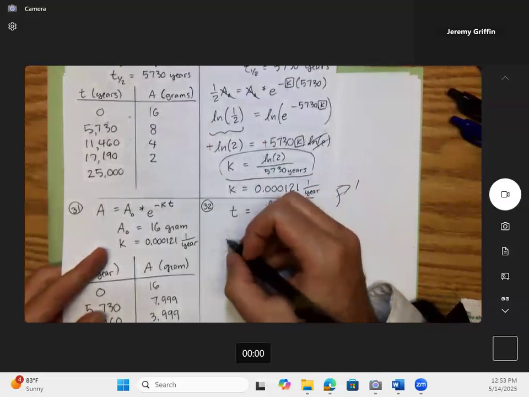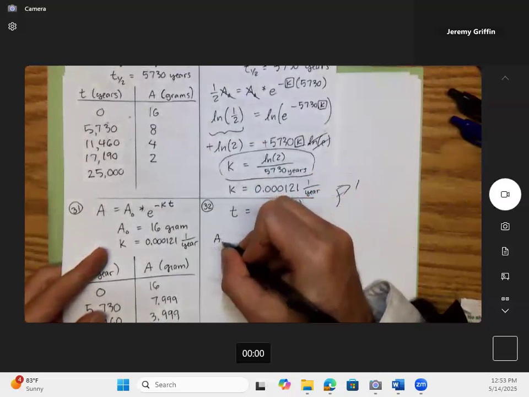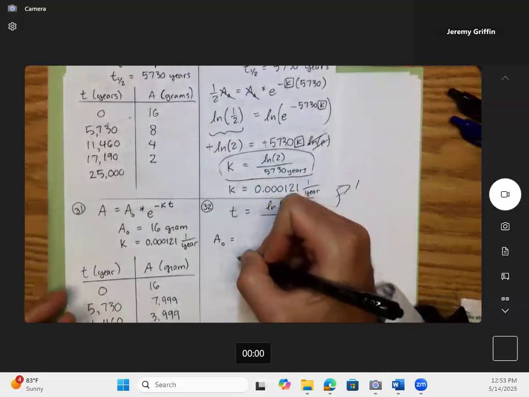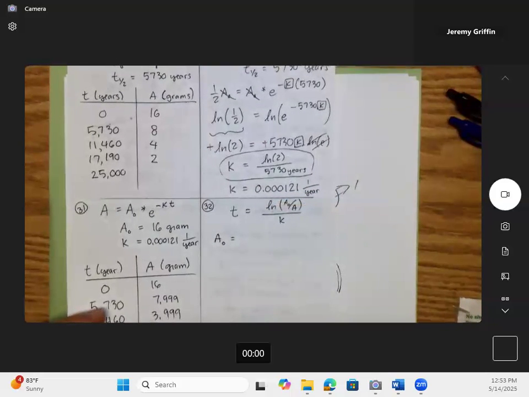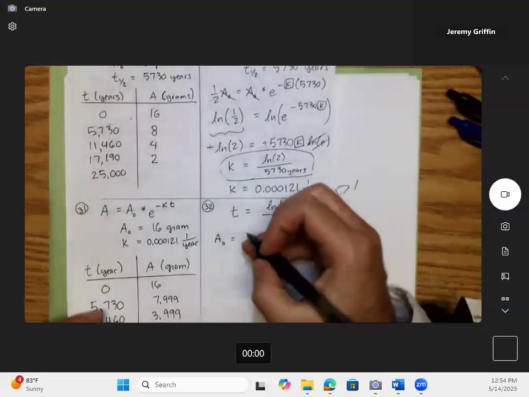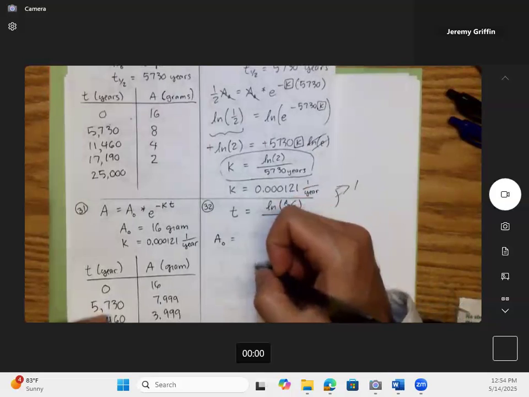Here's where I give you guys a couple of values. So the initial amount, do you think it would more realistically be some concentration? Regardless of whether you're a mouse or an elephant, you probably have some similar concentration of carbon-14. So not in terms of grams, but how about grams per cubic centimeter?